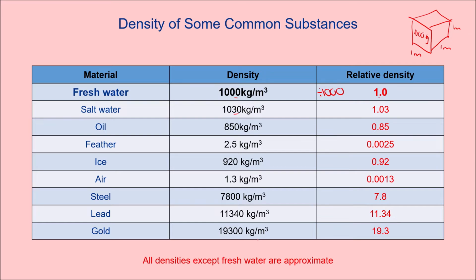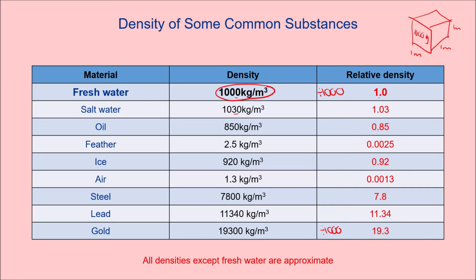Going straight down to the bottom here, to calculate the relative density of gold, we divide that by 1,000. So we get a relative density of 19.3. These relative densities are talking about the density of a material in relation to this base material here.